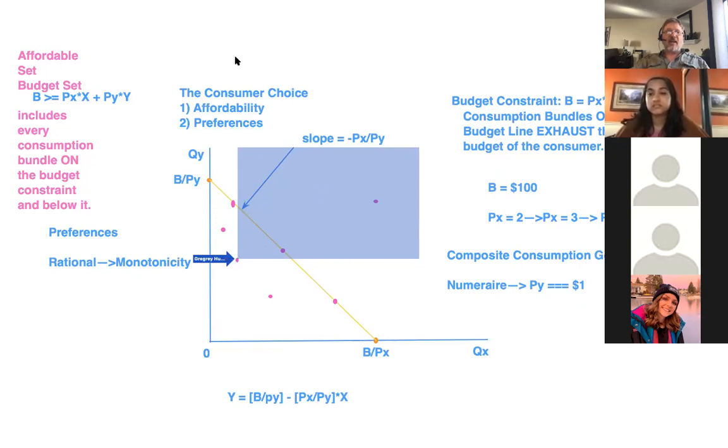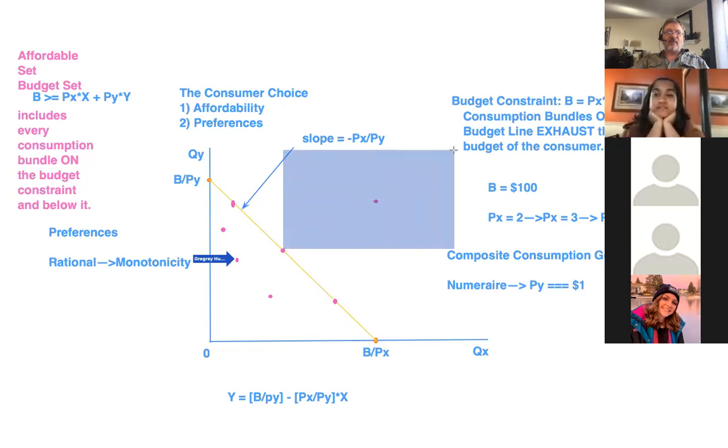And notice that we can continue to make that argument until we reach some point on the consumer's budget line. Once we're at the budget line, monotonicity doesn't help us anymore, because here the consumer's at this point, there are all of these preferred points, but the consumer can't afford them. So we know if the consumer is monotonic, they will exhaust their budget.